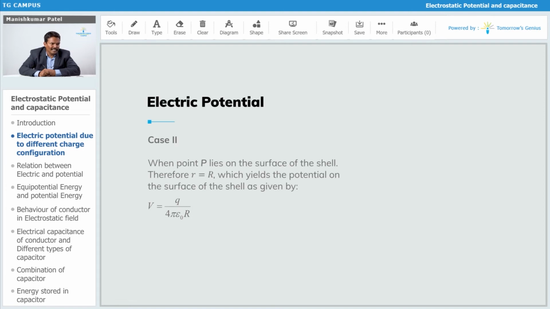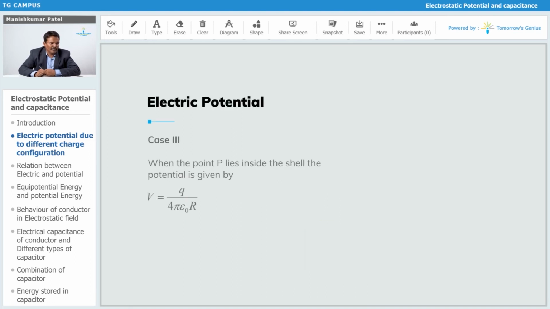Again, if the point is exactly on the surface, then we use the condition r equals R, and you just put q upon 4 pi epsilon naught R, which is the potential exactly on its surface.